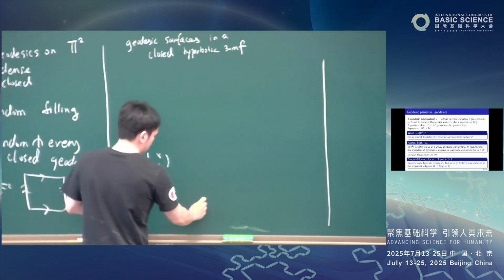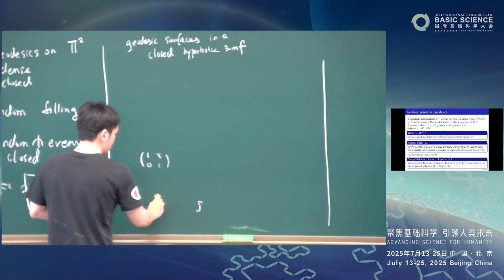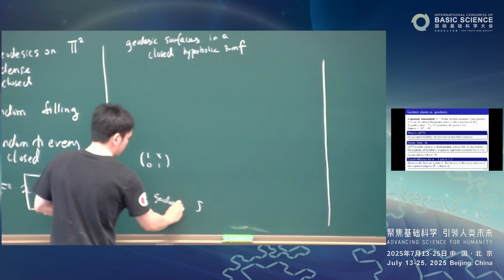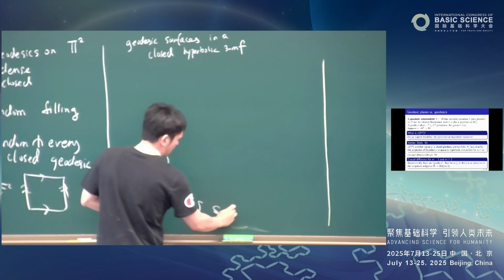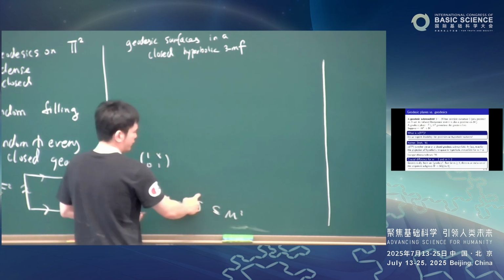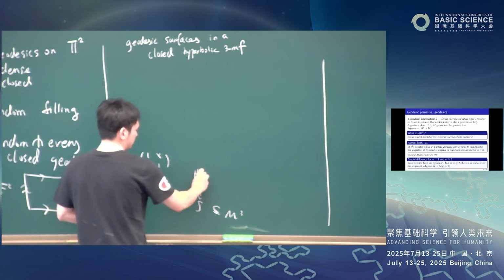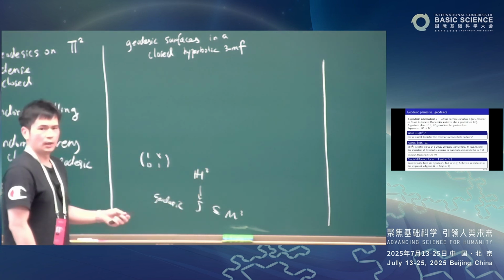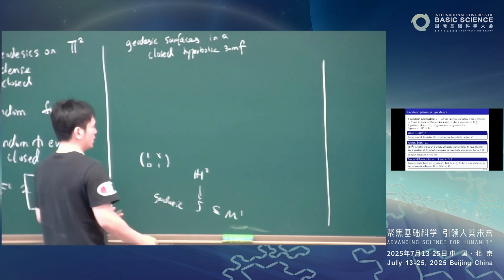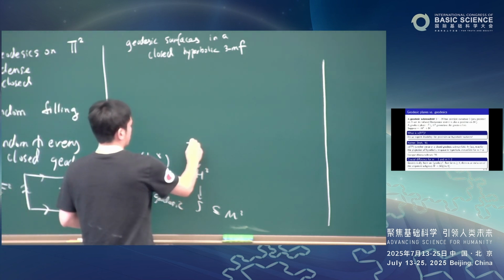So if you take a geodesic surface inside your hyperbolic 3-manifold, its universal cover is H2. But H2 is actually the quotient of the isometry group of H2.